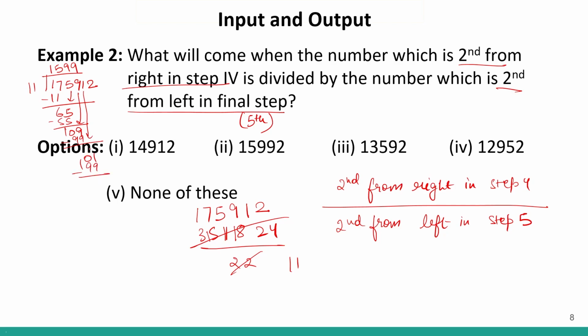This will be 9, this will be 11. So we will get 2. And if I bring back 2, I will get 2. So on dividing second from right in step 4 by second from left in step 5, I'm getting 15992. This is given in option number 2. So option number 2 will be the correct answer to this question. Clear? Okay.